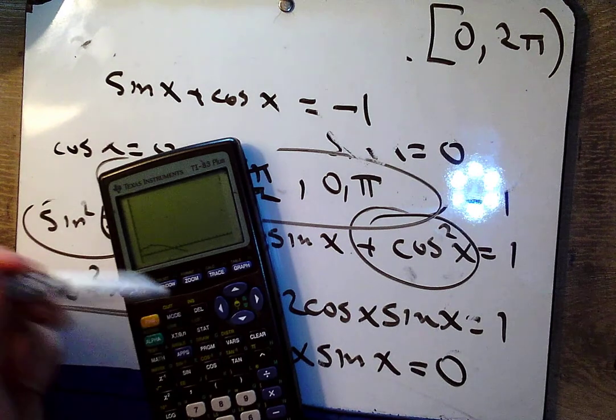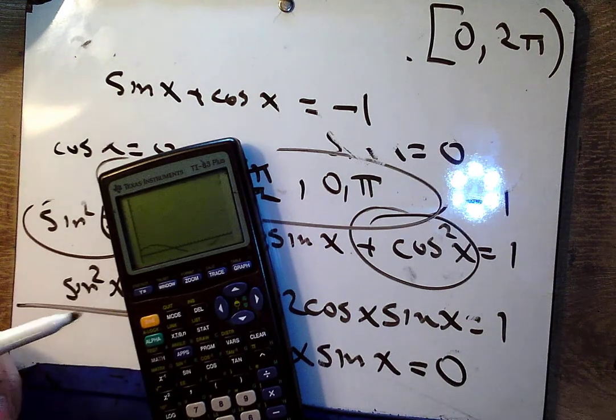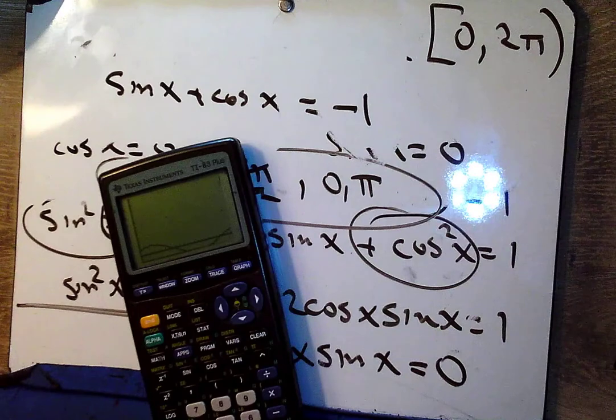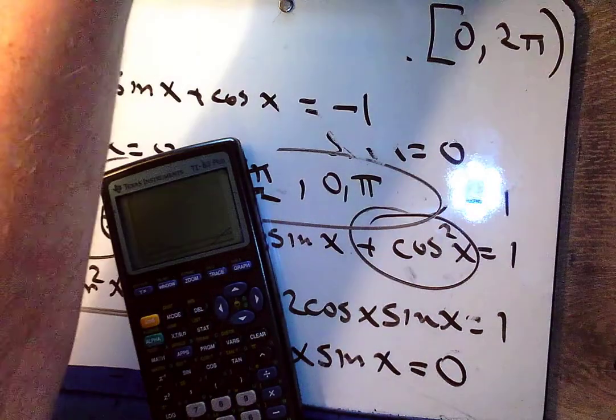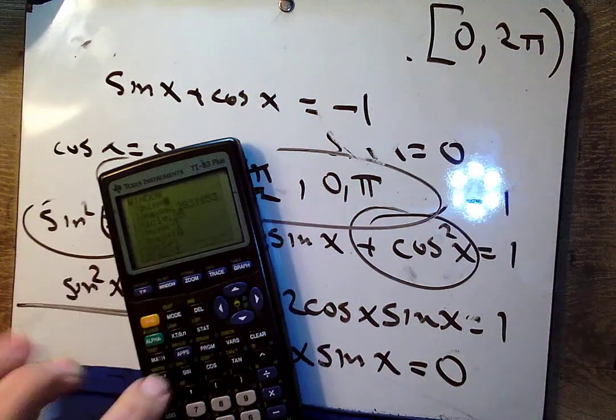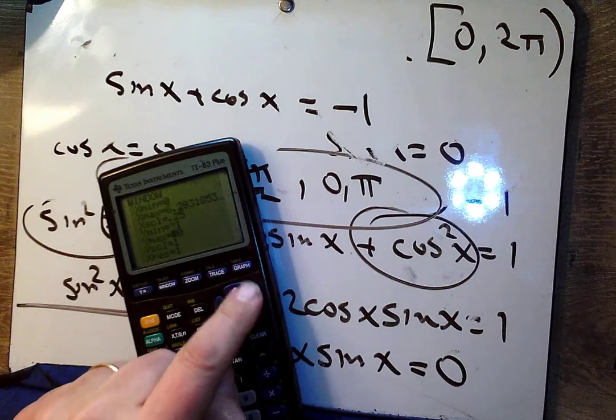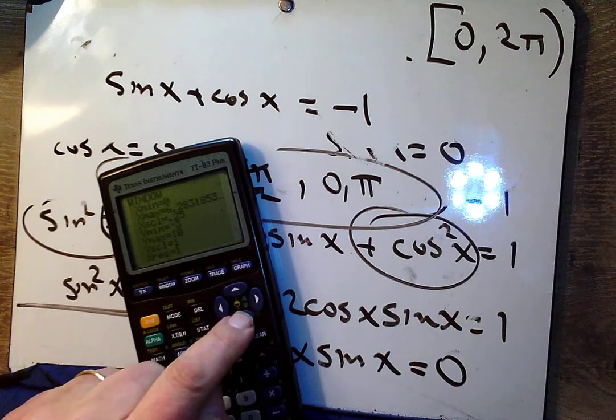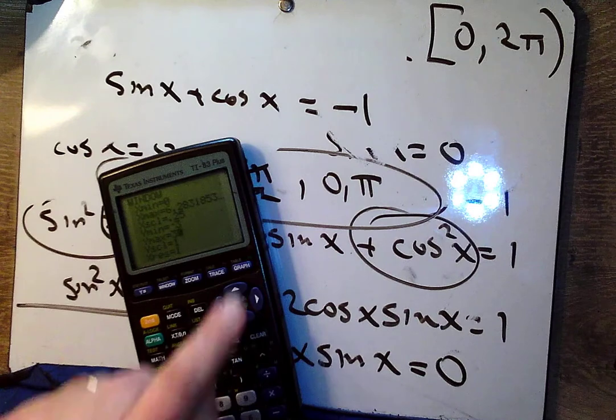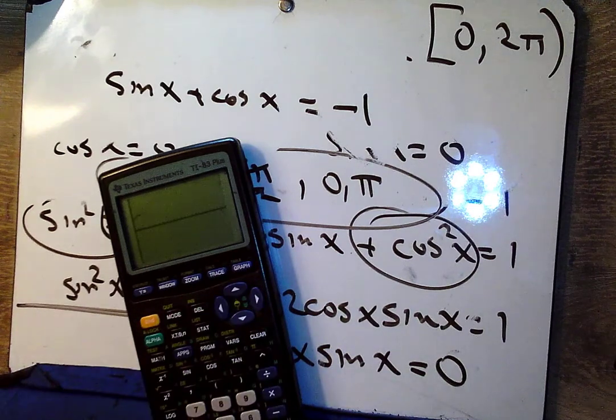Oops, I need my glass to go deeper. Let's change that. Okay, window y min, negative 3, y max, positive 3. All right, so here's sine plus cosine. And here's the line y equals negative 1.